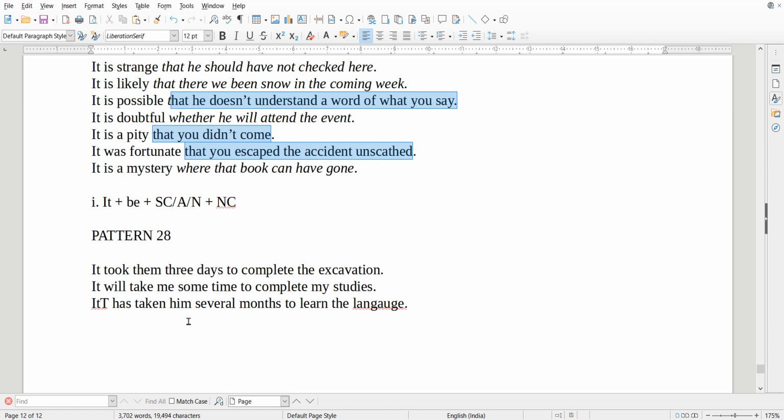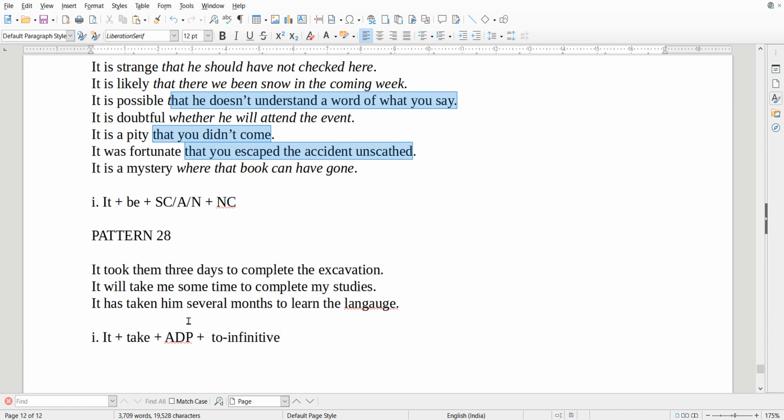Okay, I'm not giving you more examples. The structure is easy enough: it plus forms of take plus adverb phrase of time, adb, plus to infinitive. So yes, it's a fixed structure, so you can't change it.